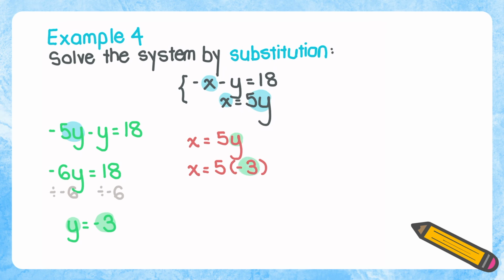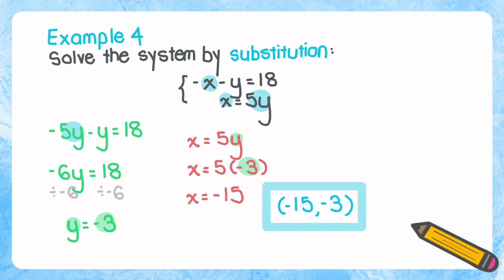And so our x equals negative 15. For our final solution, remember to put the x value first and then our y value. So negative 15, negative 3 is our solution.